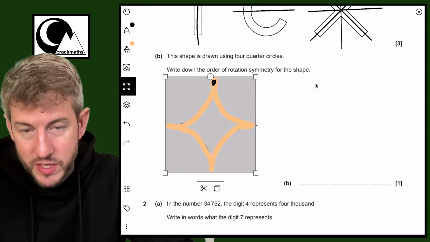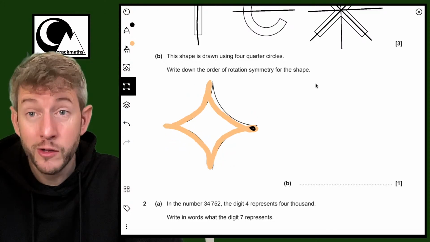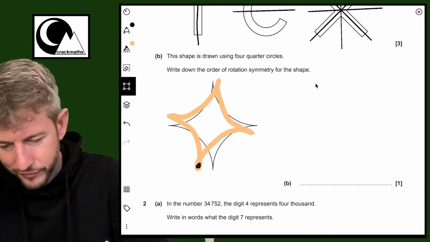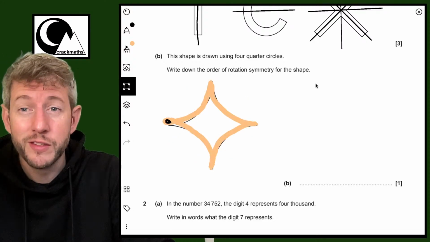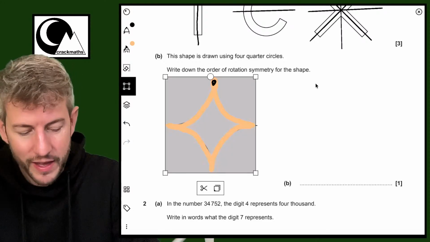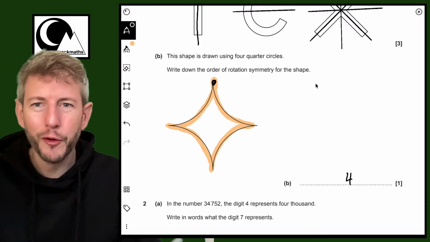We can do it once, and it looks the same, twice, and it looks the same, 3 times, and it looks the same, 4 times, and it looks the same. So this would have a rotational symmetry of order 4.